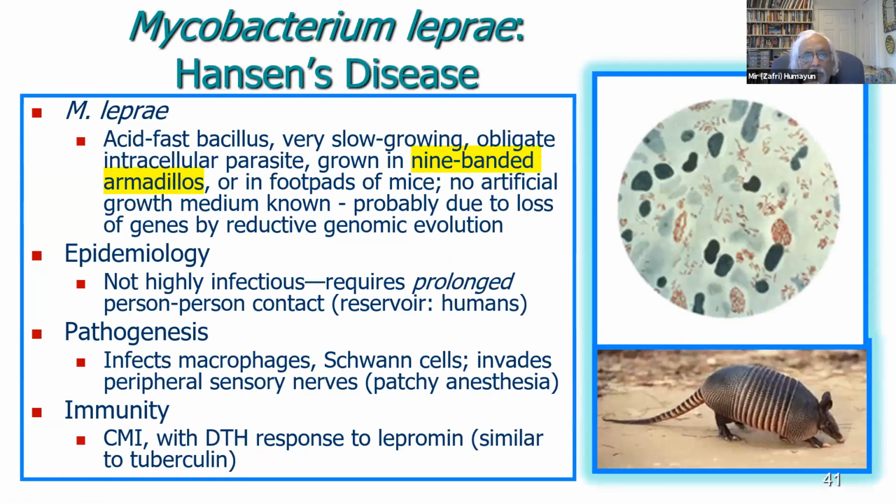Today the disease caused by Mycobacterium leprae is called Hansen's disease. That is the word preferred in the United States because of the historical stigma associated with the word leprosy. We call the disease Hansen's disease. Okay? The organism is an acid-fast bacillus and is extremely slow growing.